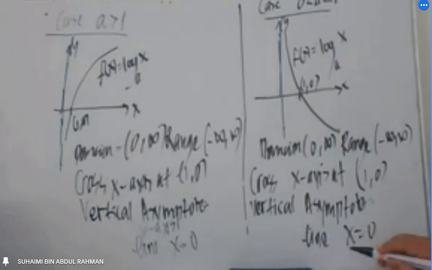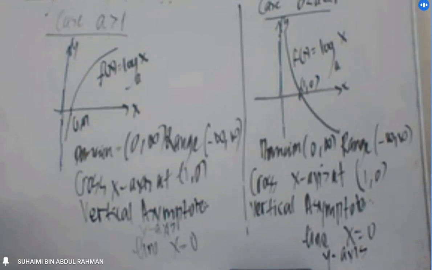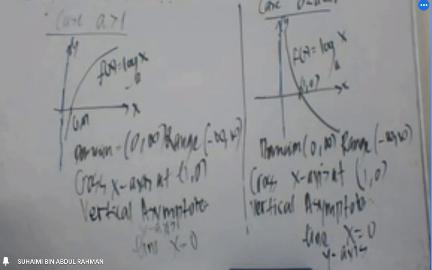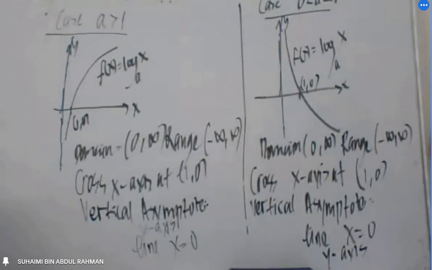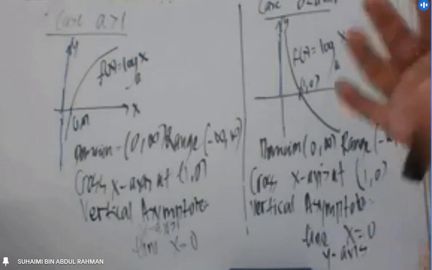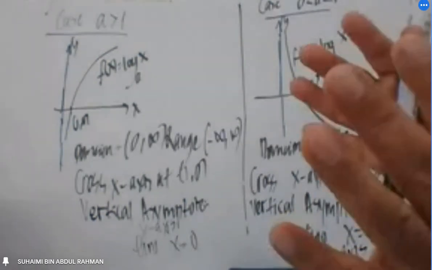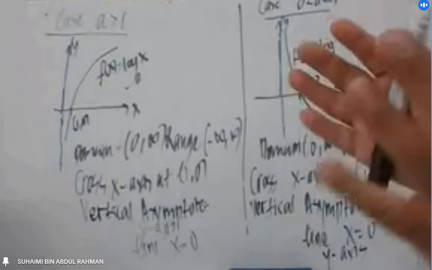Line x equal to 0, or maybe we can say as y exists. These characteristics of logarithmic functions are similar to the exponential functions. It depends on what?